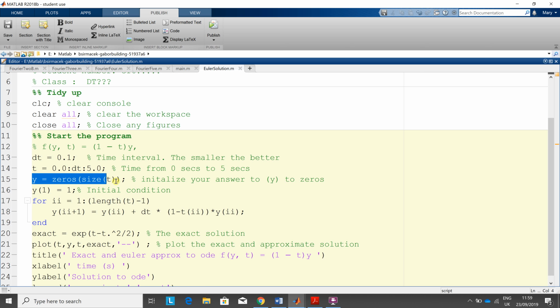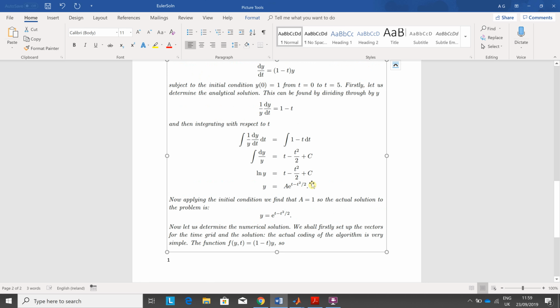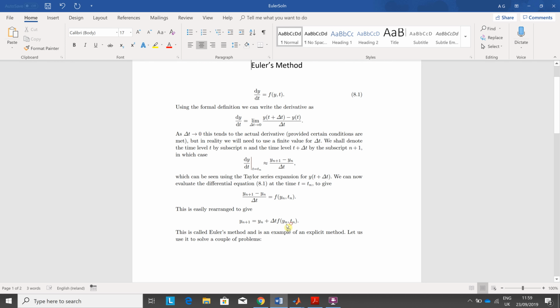I initialize y, which is going to be my approximate answer, from 0 to 5 in steps of 0.1. There's my initial condition. I have a little for loop here. My y(i+1) is my previous one plus the delta t by, just go back here, by whatever the function is at yn, tn.